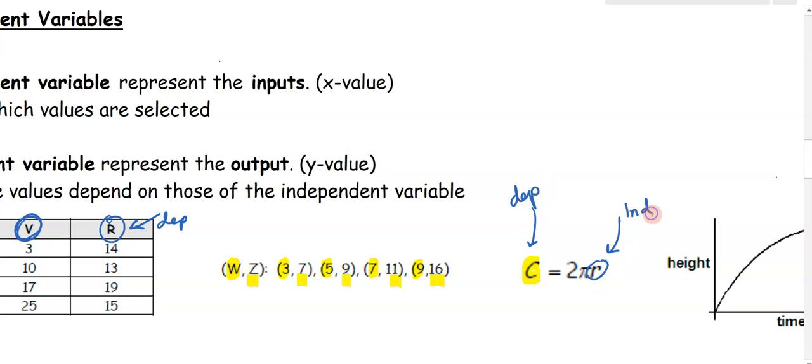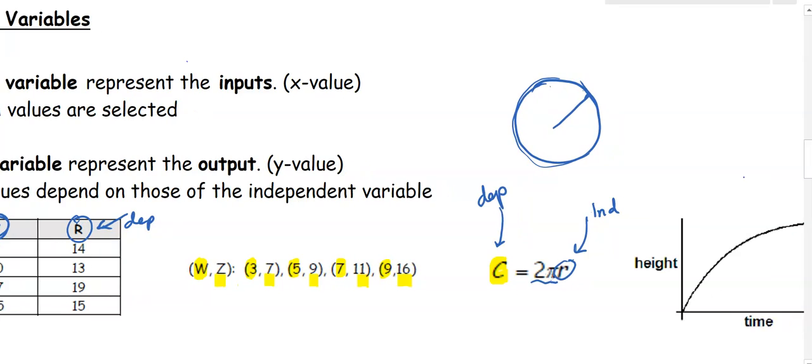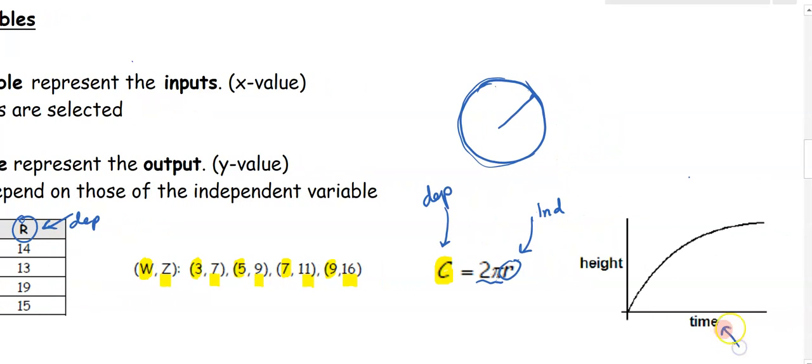The independent is the radius. You choose the radius of the circle and then you calculate the circumference. 2 pi is your coefficient, right? Pi is a constant, it's not a variable. On a graph, your independent always goes on the x-axis and your dependent always goes on the y-axis, right? Your height depends on the time.